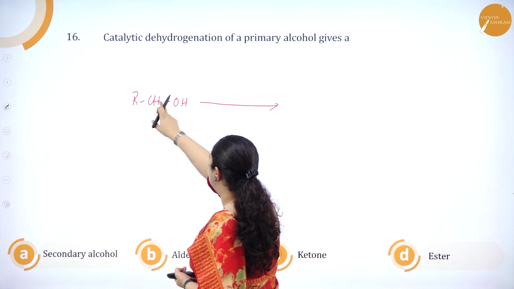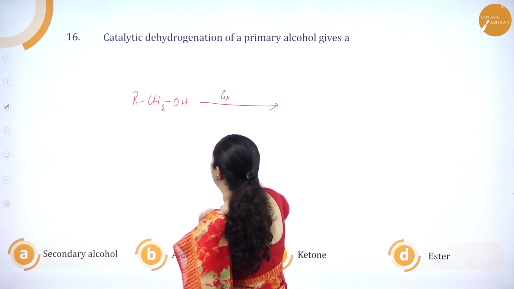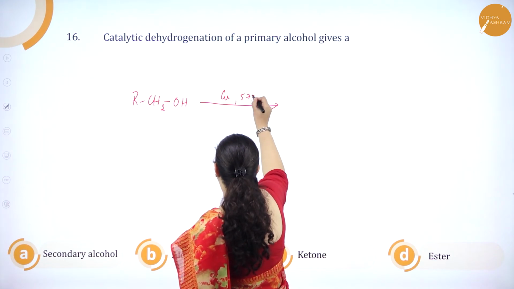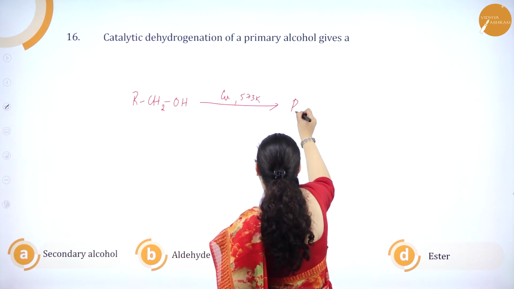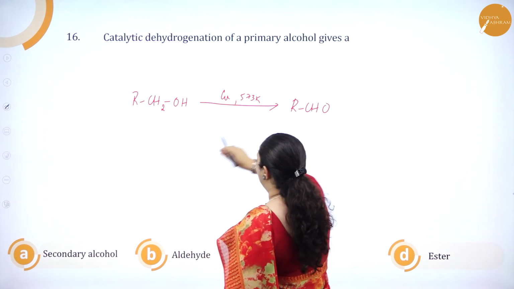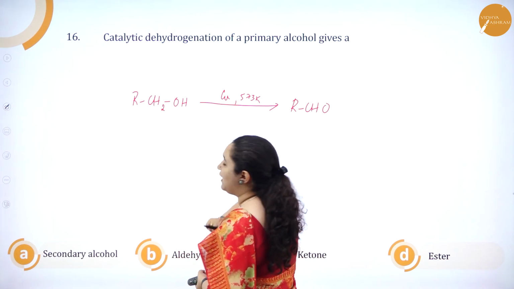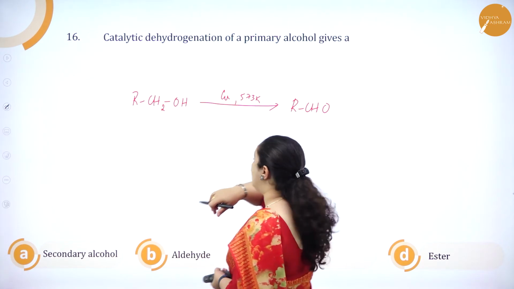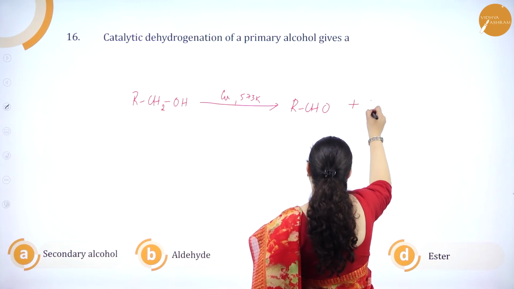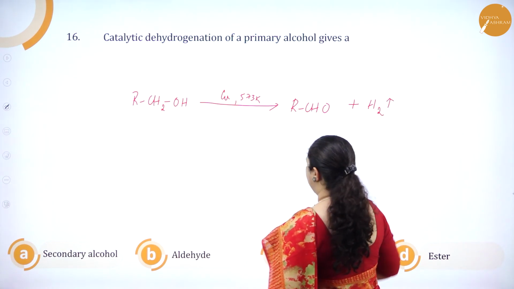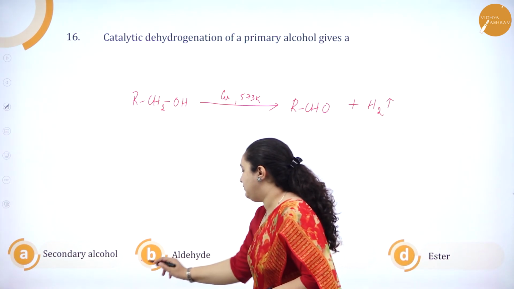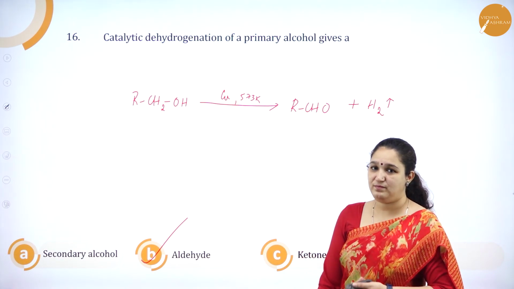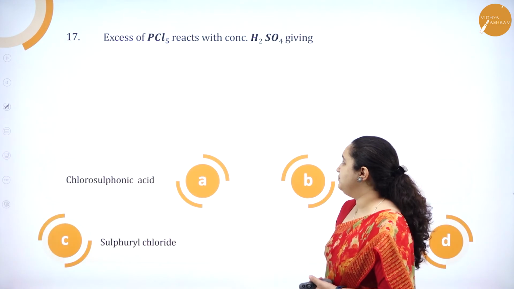So, in the presence of copper at 573 Kelvin, we will get RCHO, that is here one hydrogen is removed, a double bond is formed between carbon and oxygen and CH will remain. So, you will get an aldehyde and hydrogen gas is liberated. So, option B, aldehydes are formed. Okay. So, we'll go to the next question.